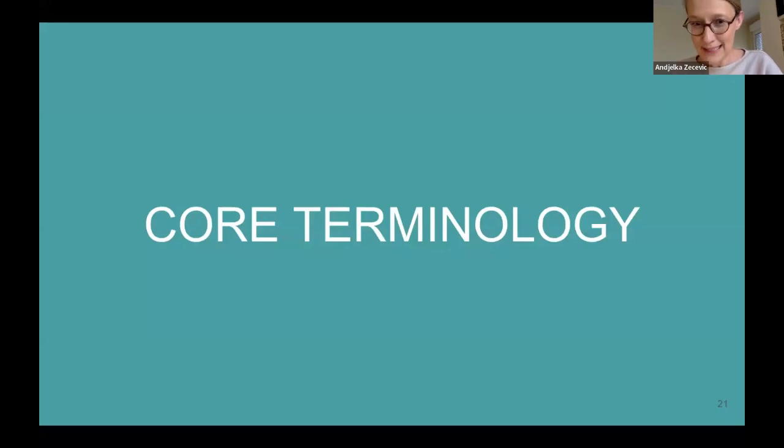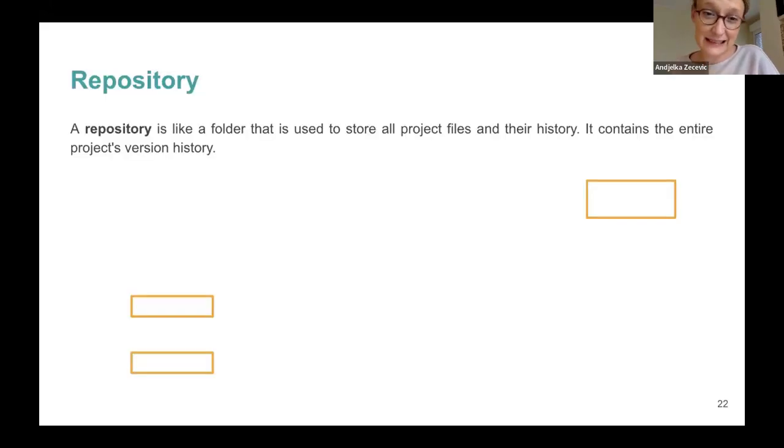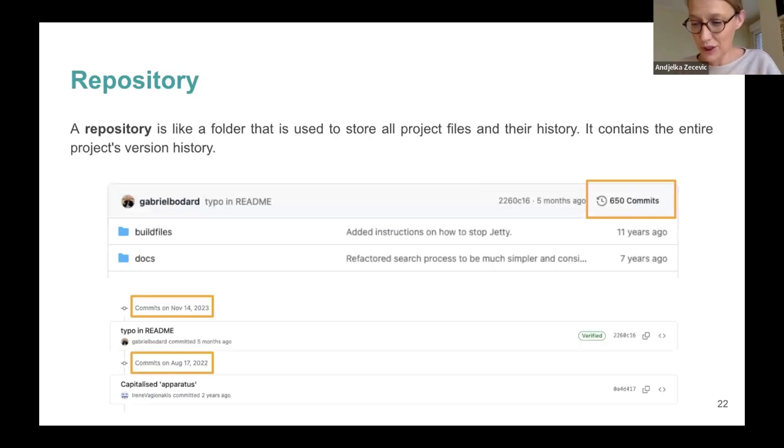We will start with some GitHub terminology, and we will go through some actual examples. Here, first of all, we mentioned a repository as a folder-like structure that stores not only the files but also their history.